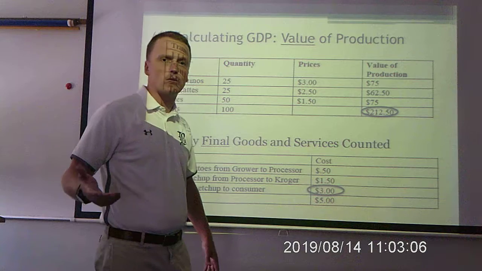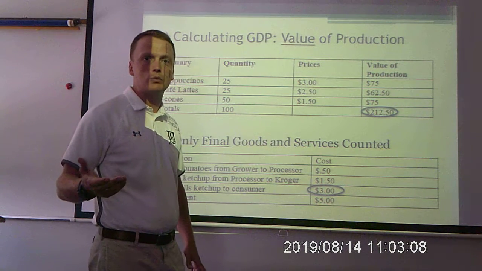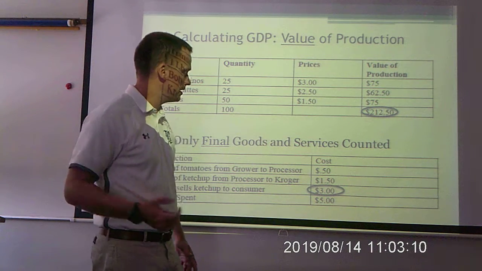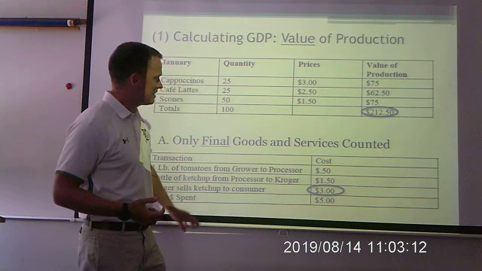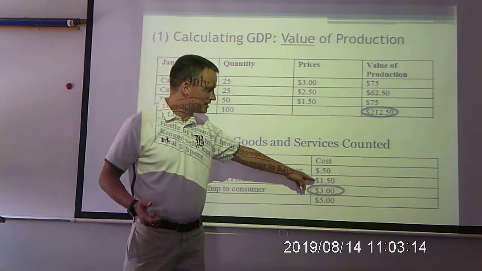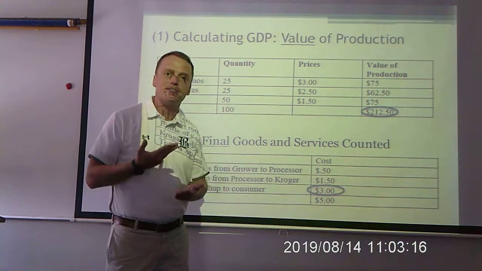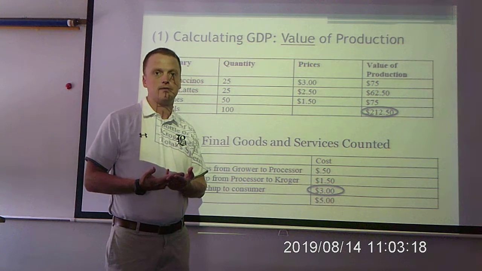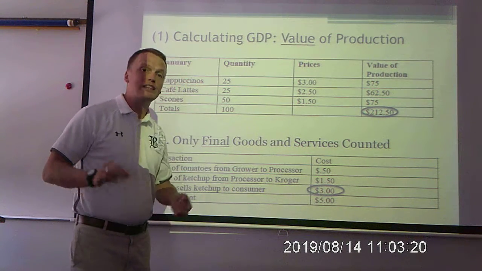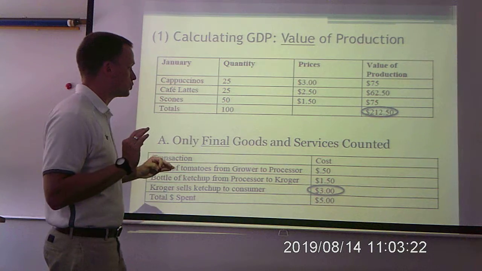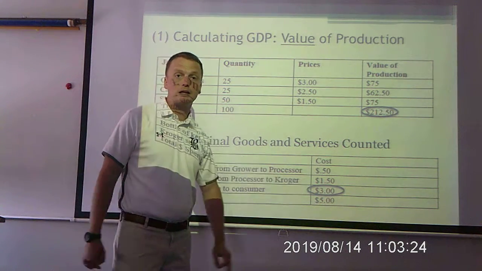Why do we only count 3 when we're talking about GDP? The answer is that the 50 cents and the $1.50 were not the final product. The final product is when the product was finally sold for $3.